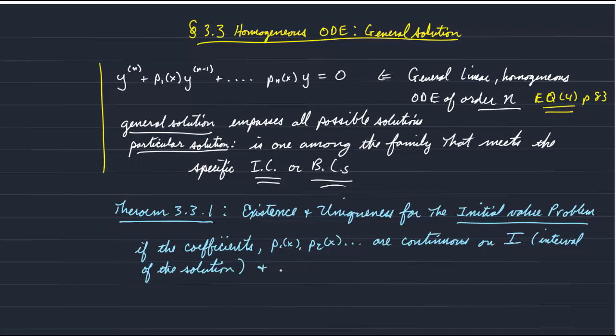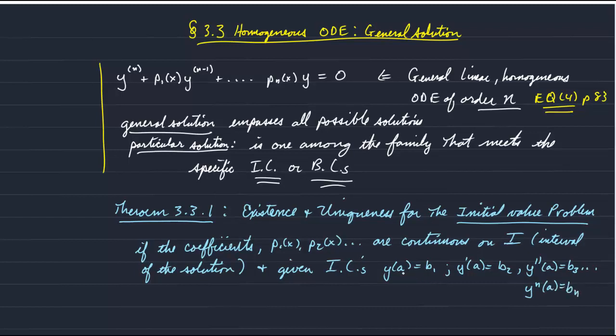And given the initial conditions, y at a is equal to b1, y prime at a is equal to b2, y double prime at a is equal to b3, all the way up to the nth derivative of y.